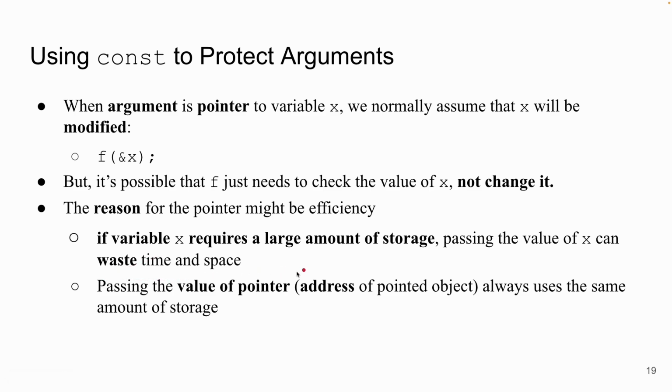And the second thing is that if x requires a large memory size, then we can just pass the address of x, because the memory address always uses the same amount of storage, no matter how large the value that x has. So you can save space, and you can save execution time.